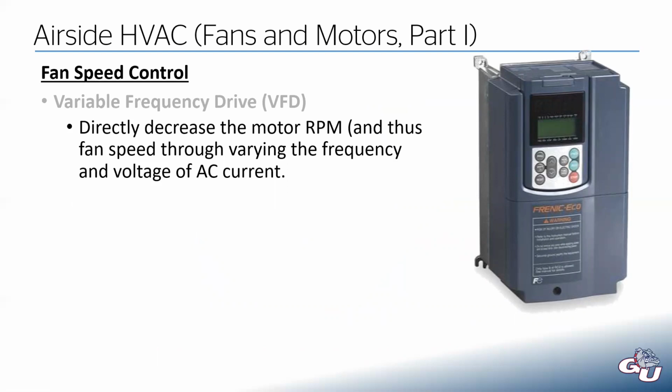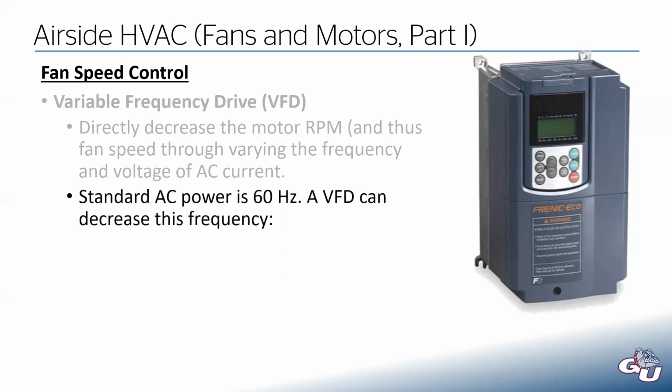You're moving those dampers and imparting a mechanical effect directly to the fan system. A VFD, though, is an electrical device that allows you to directly influence the motor RPM. And if you can change the motor RPM, you are also changing the speed at which that fan impeller is moving.